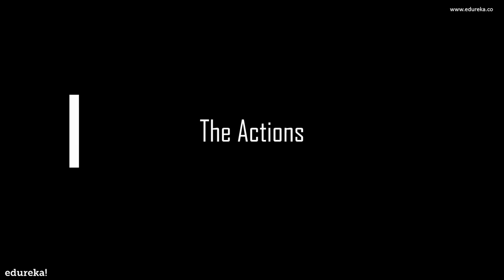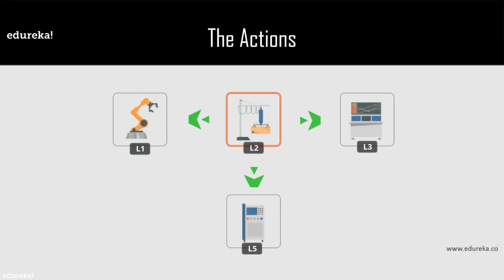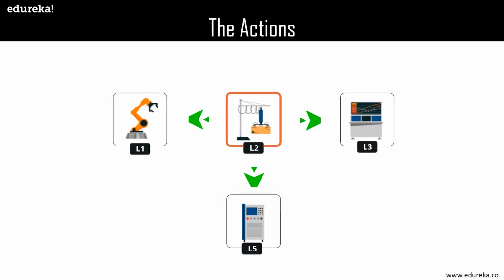Well, next, what we're going to talk about are the actions. In our example, the action will be the direct location that a robot can go to from a particular location. Consider a robot that is at the L2 location, and the direct locations to which it can move are L5, L1, and L3. Now, the figure here may come in handy to visualize this.